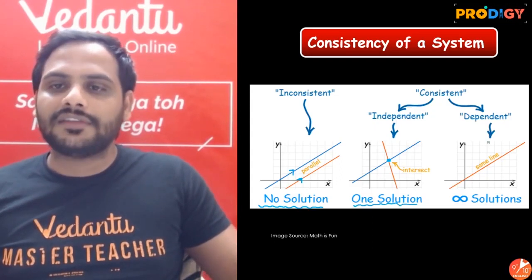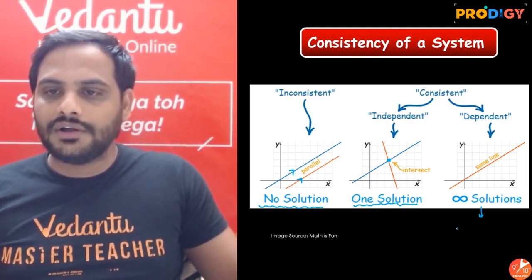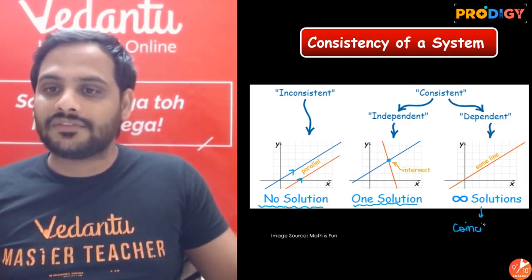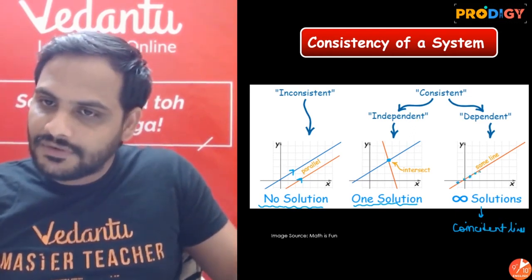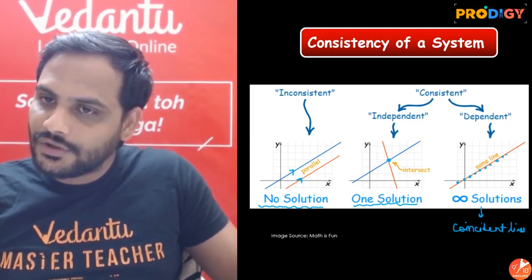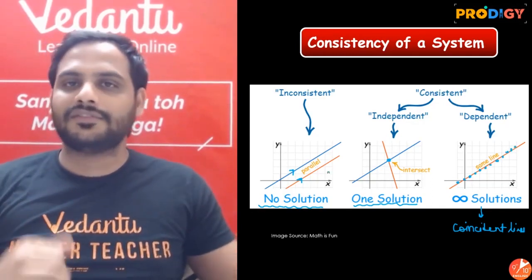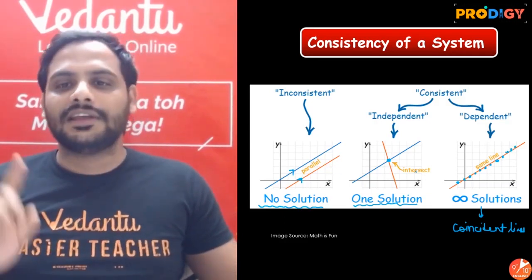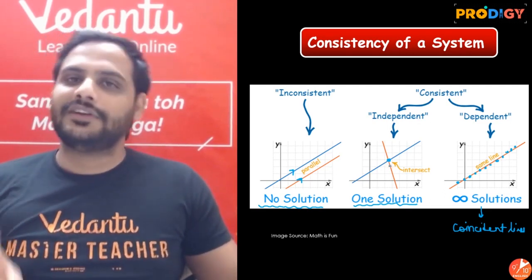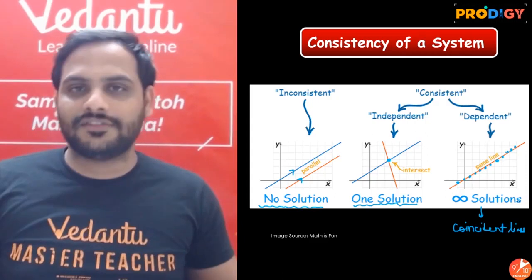And if both the lines are on top of each other, that is coincident, this is called coincident lines. In that case, beta, there will be infinite solutions, because each and every point is a common point for both the lines. So when there are parallel lines, no point of intersection, no common point, no common solution. In case of intersecting lines, one point of intersection, one common solution. In case of coincident lines, infinite solutions.